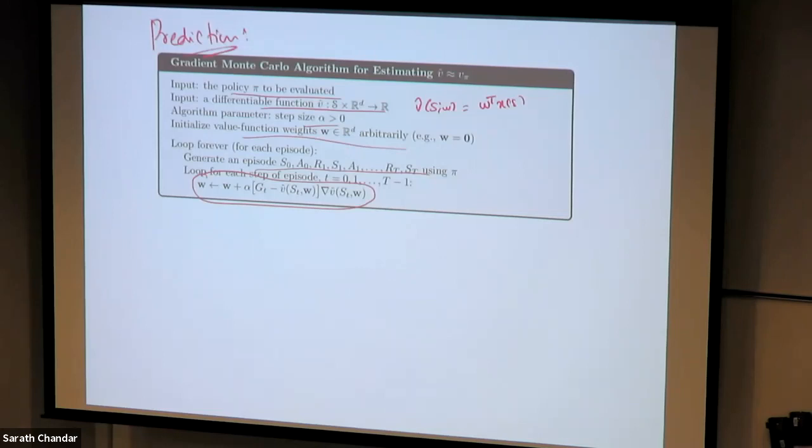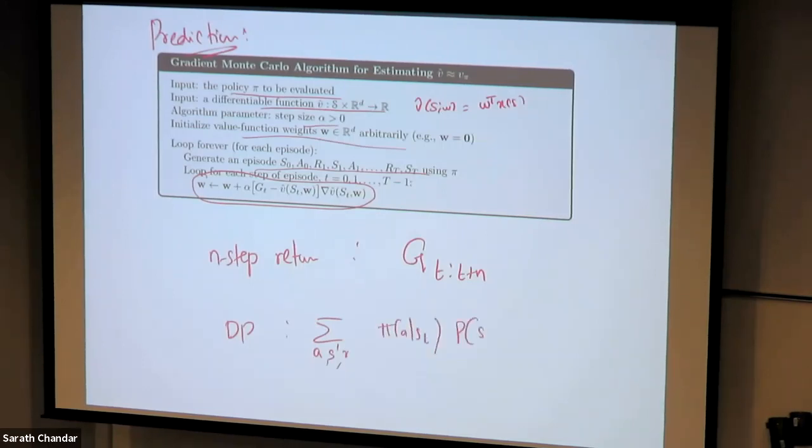If you think about bootstrapping methods like n-step TD, in the case of n-step return you have G from t to t+n, right? Even if you consider methods like DP, where your target is the summation over all possible a, s', r of pi(a|S_t) times p(s', r|S_t, a) times [r + gamma V(s', w_t)], right?